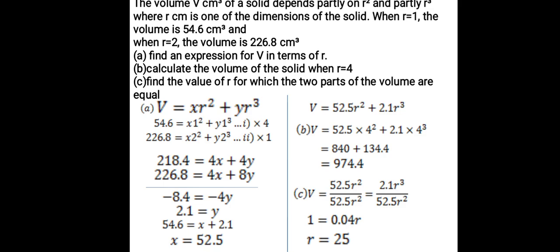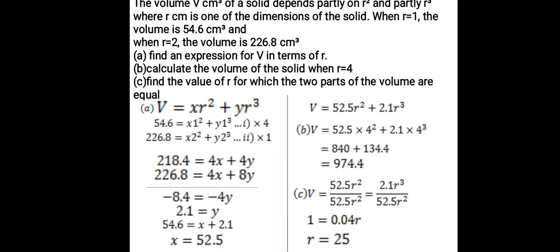A. Find the expression for V in terms of r. B. Calculate the volume of the solid when r is equal to 4. C. Find the value of r for which the two parts of the volume are equal.